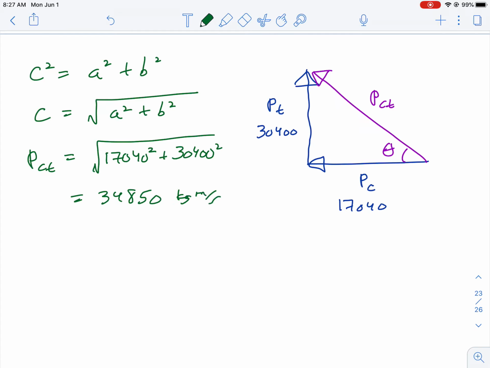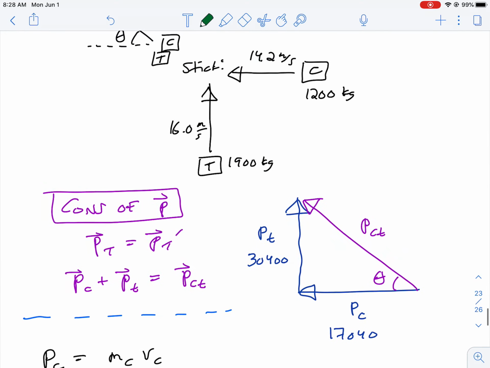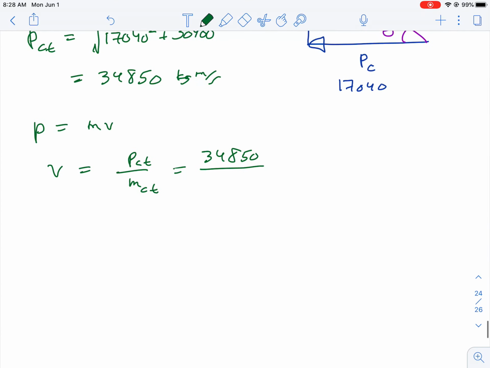But we're not looking for momentum, we're looking for velocity. So we now have p is equal to mv. So v becomes equal to p over m, specifically the momentum of the car and truck and the mass of the car and the truck. That's why it's nice to put subscripts there to make it really clear. So this becomes 34,850 divided by the total mass. And our masses are 1,900 and 1,200, or 3,100.